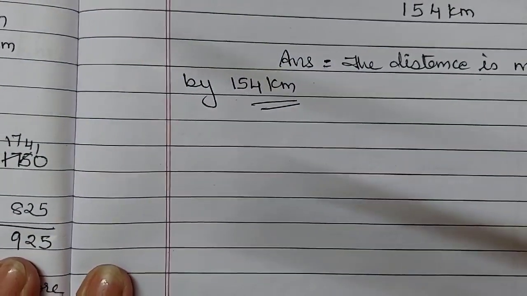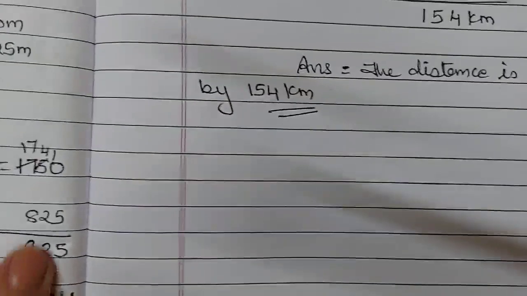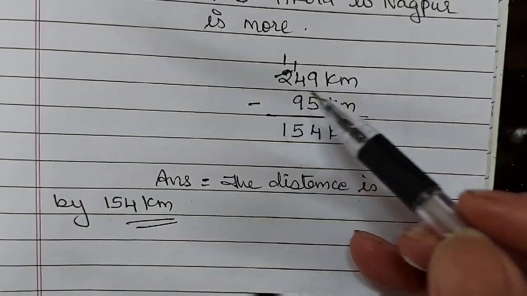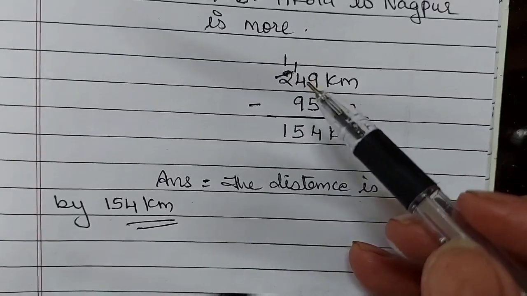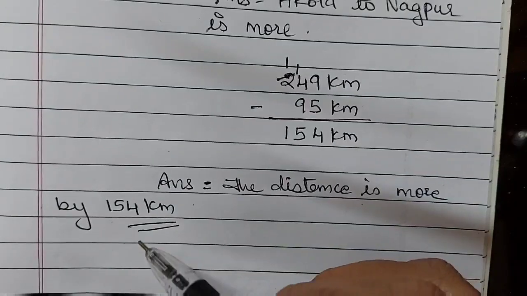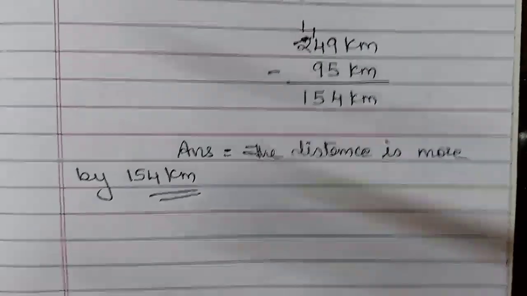Understood children? How much more? By 154 kilometers. What did we do? We subtracted 95 kilometers from 249 kilometers. So the answer is 154 kilometers.